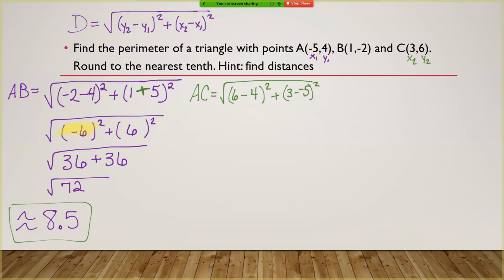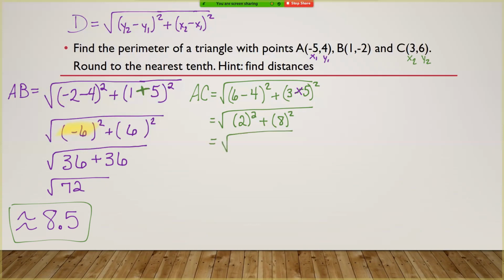So again, we've got that double negative we're changing to a positive, and then we're going to simplify underneath our square roots. So 6 minus 4 is 2, so 2 squared plus, and then 3 plus 5 now. 3 plus 5 gives us 8, so we're going to have 8 squared.